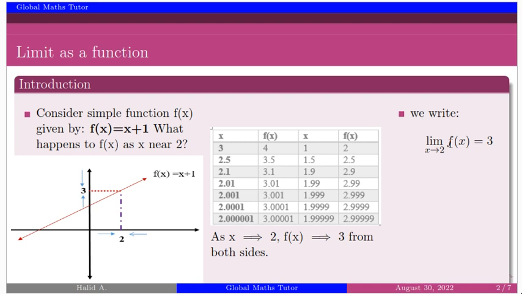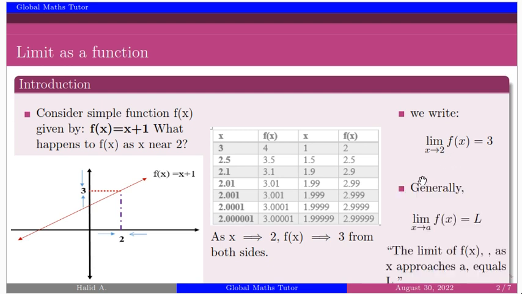For today, if you know the value of f of x as x approaches some value a, we say that the limit of f of x as x approaches a is L, and we read this as the limit of f of x as x approaches a equals L.